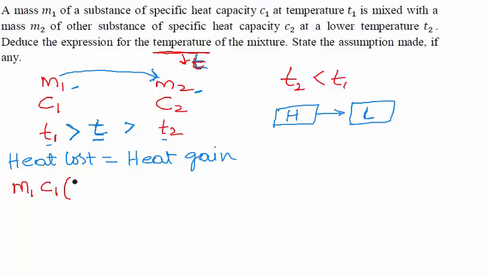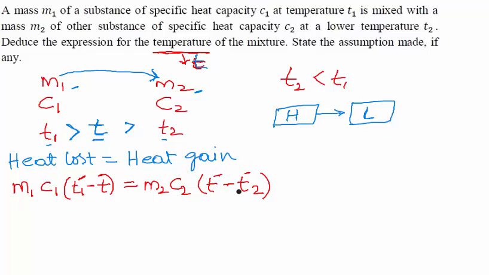T1 minus T. This should be equal to M2 C2 into change in temperature, which is T minus T2. Why? Observe here: T1 is greater than T, that's why we take T1 minus T. Here T is greater than T2, that's why we take T minus T2.